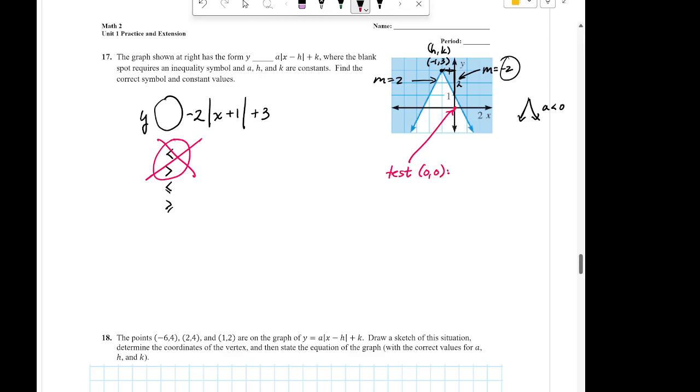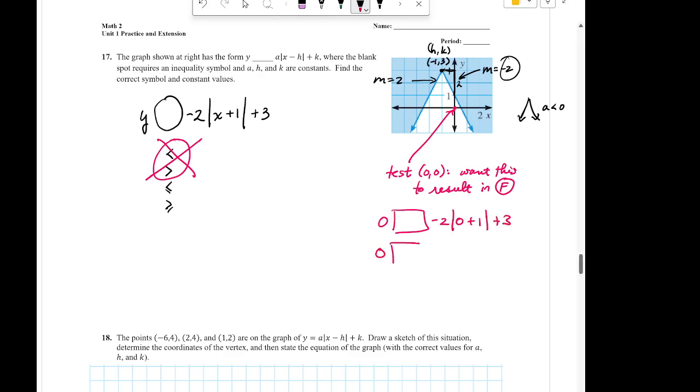And if we plug that in, now we want this to be on the false side, right? Because it's not shaded. So we want this to result in a false. So let's plug it in. If we plug in 0, and then we want this thing to be false, it's negative 2, and then we're plugging in 0 for X, plus 1, plus 3.